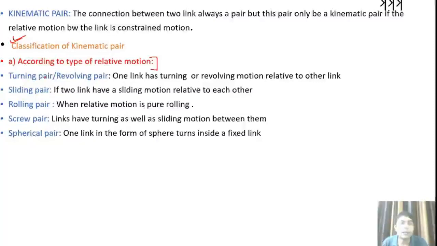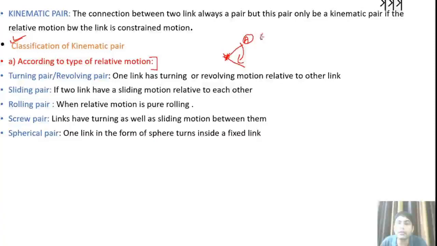First, turning pair or revolving pair. When one link has turning or revolving motion relative to another link, let's suppose these are two links. This is a fixed link, and this is link A. This link turns about this fixed link.